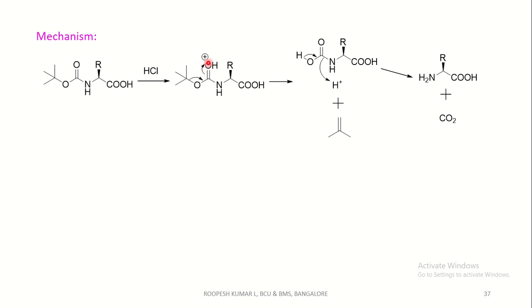This neutralizes the oxonium ion, that is, the O positive charge, to give a carbamic acid derivative. This is a carbamic acid derivative. Whereas this bond shifts here, the carbamic acid loses a proton and shifts a bond here, and this bond abstracts a hydrogen to form an amino acid, isobutene, as well as carbon dioxide.